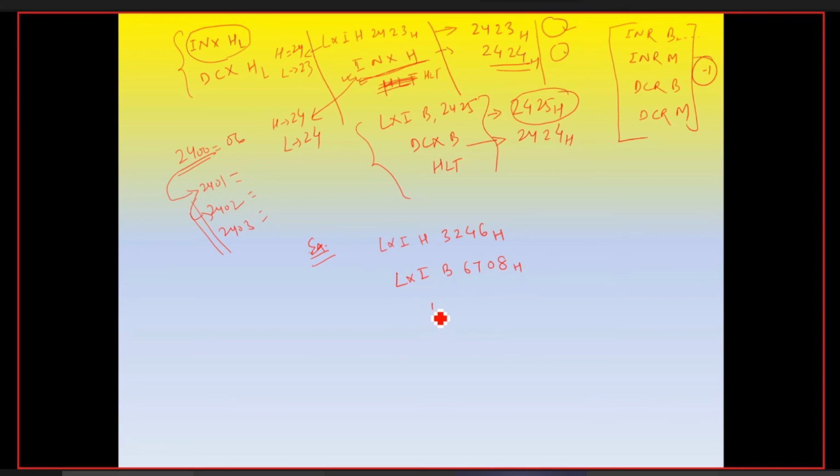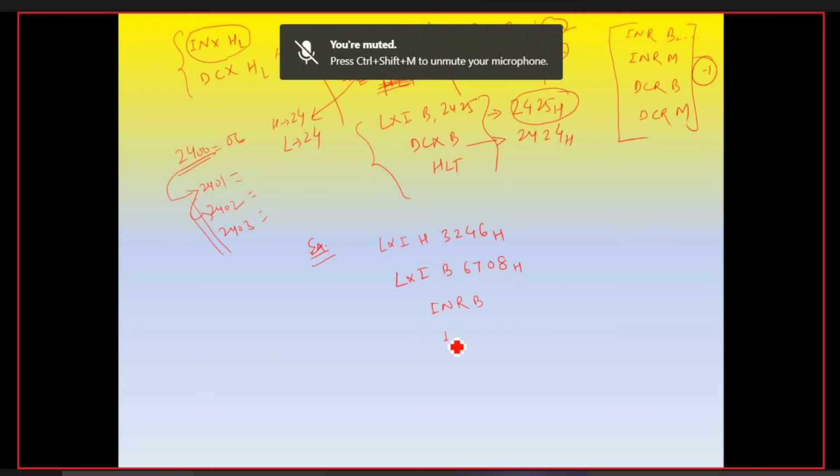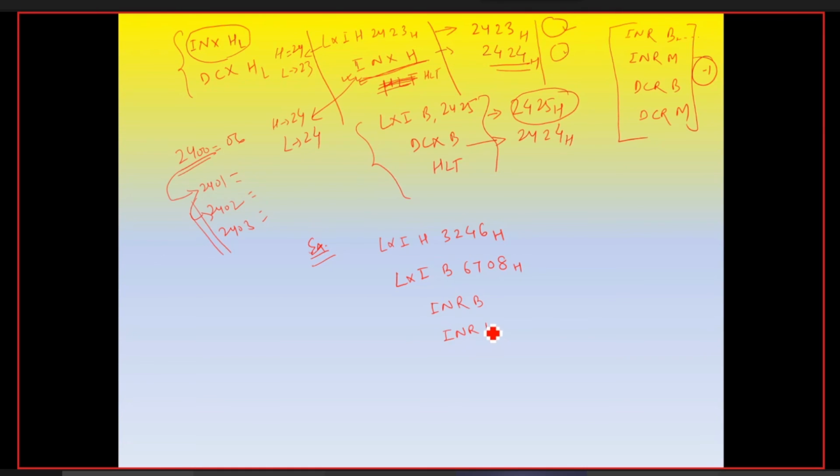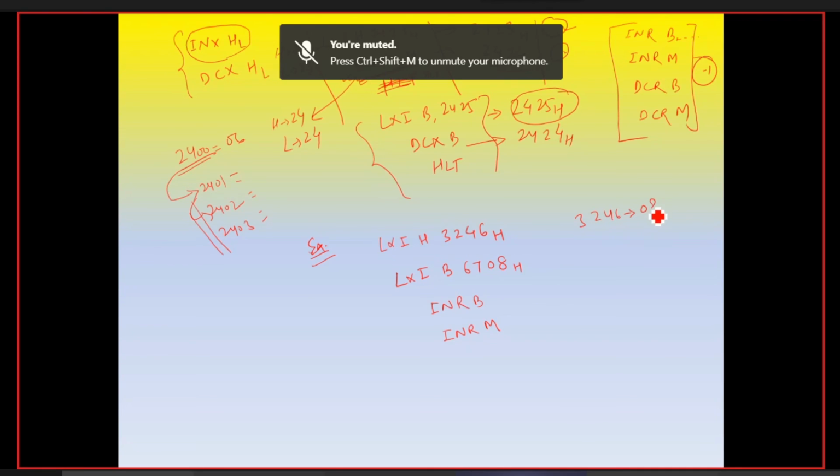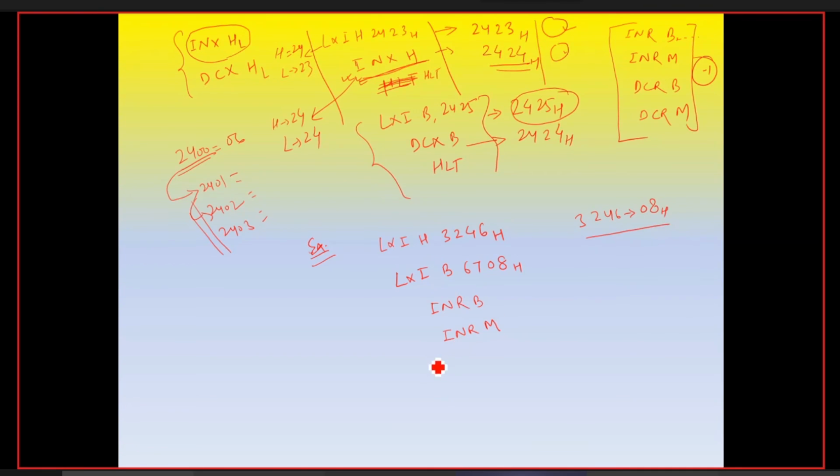Then INR B, INR M, where at 3246 we have 08. Then INX B, DCX H, DCR C, DCR L, then halt. This is your program.